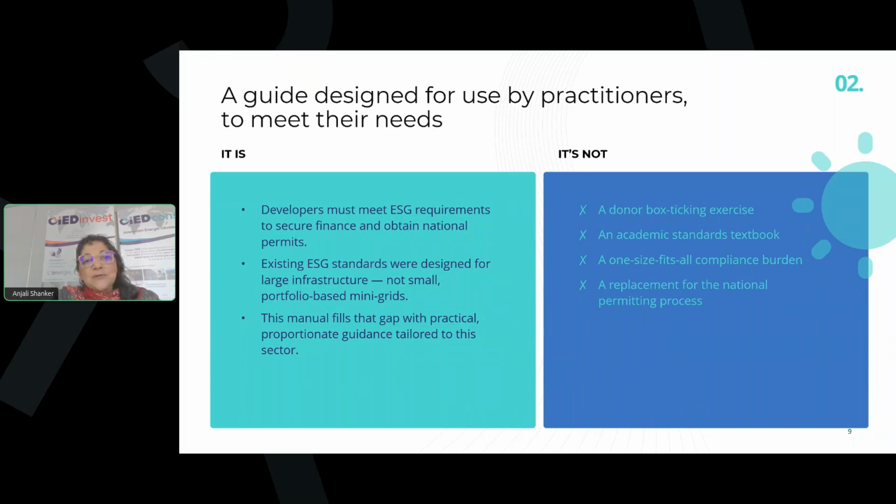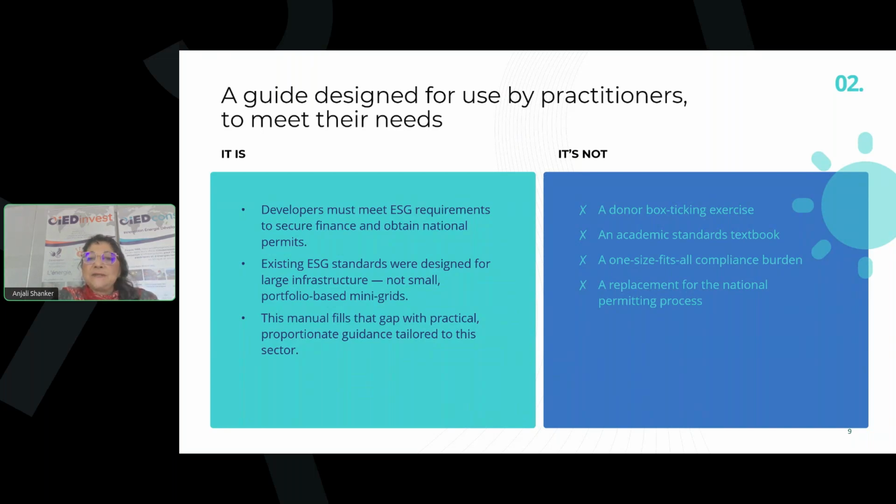As again was also stated, these standards were designed for large infrastructure, not small portfolio-based mini-grids. So we try and see now how we can interpret them and apply them in a practical way to the mini-grid situation. So the goal of this manual is to fill the gap and to provide practical, proportionate guidance tailored to the sector.